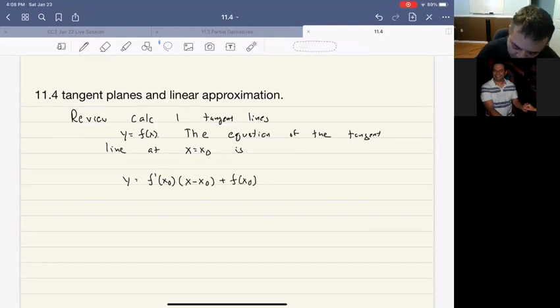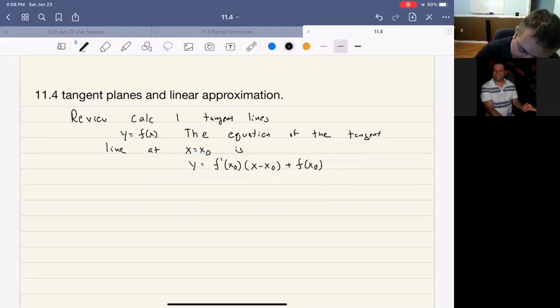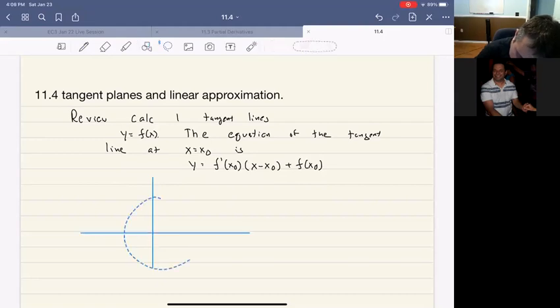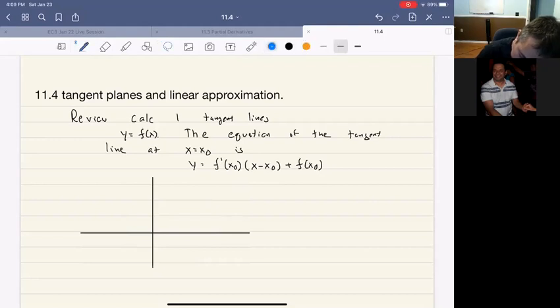Okay, so if you want to draw a picture of that, let's do it a little neater there. So you have x0 there.